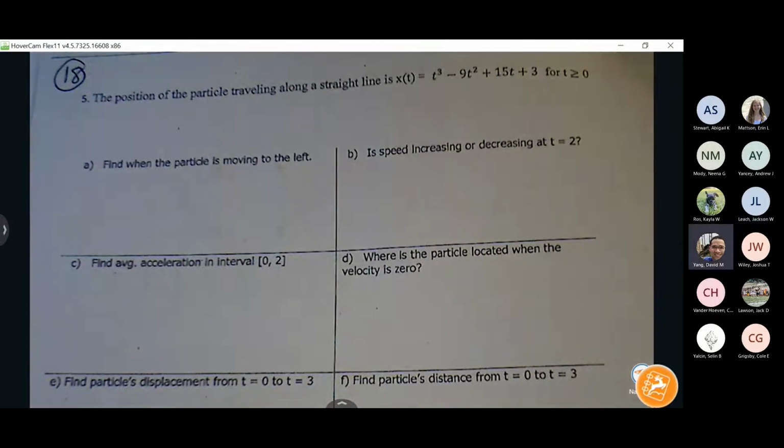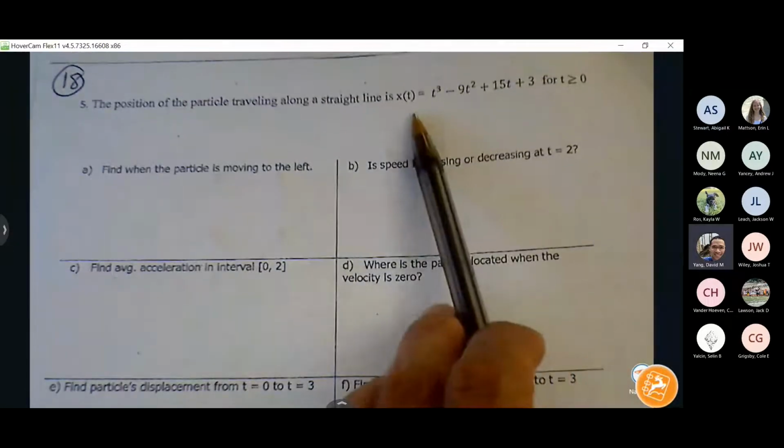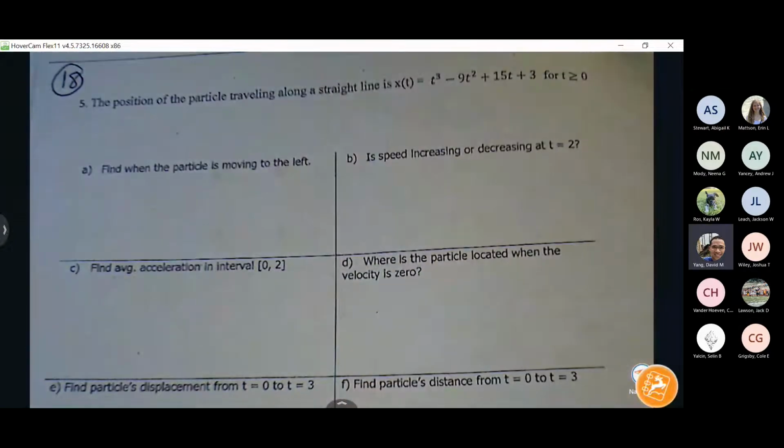Okay, particle motion problem. X of t, you got a position function, t is greater than or equal to 0.